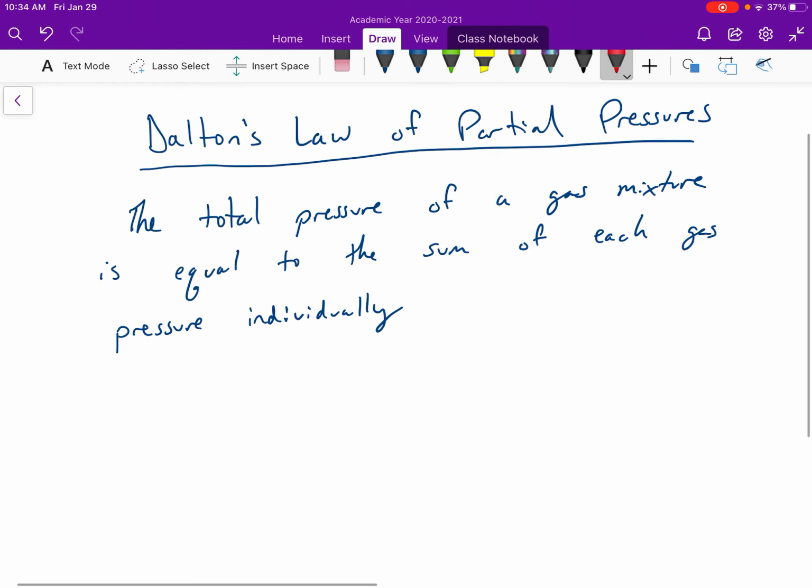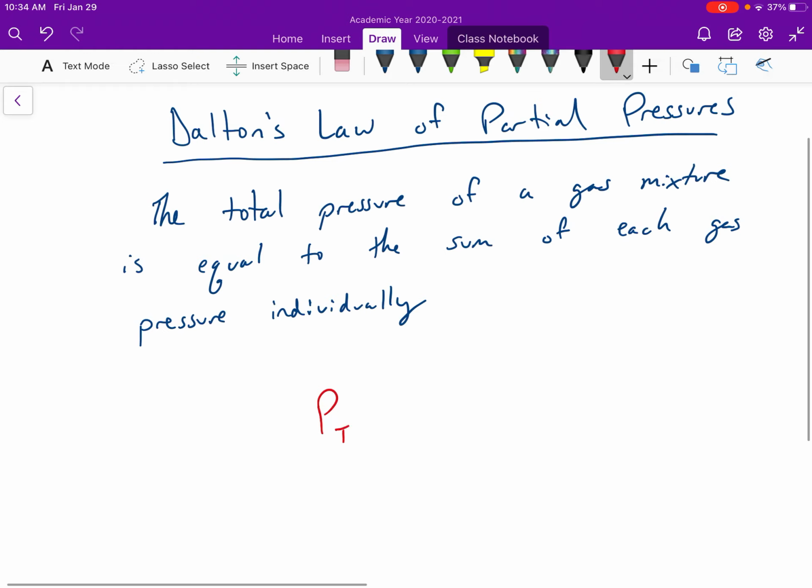Okay? And so the way that formula looks is, pressure total equals the pressure of the first gas plus the pressure of the second gas plus the pressure of the third gas, and so on, however many gases there are, right?